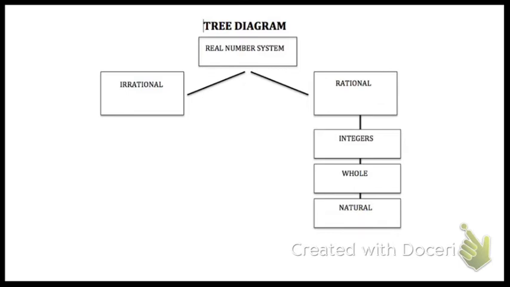The first one we're going to cover is irrational numbers. Okay, so with irrational numbers, there's a few things we have to do. We're going to be classifying numbers and identifying if they're irrational or rational based off some characteristics of the number.